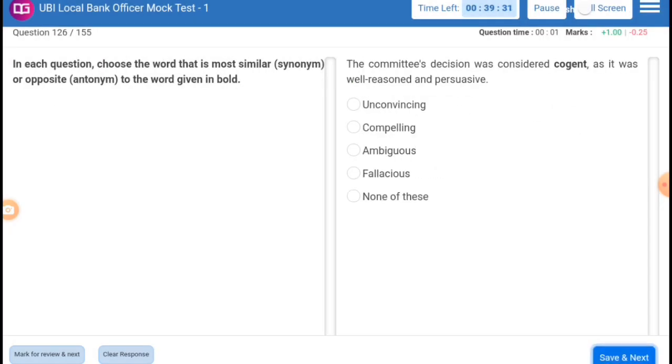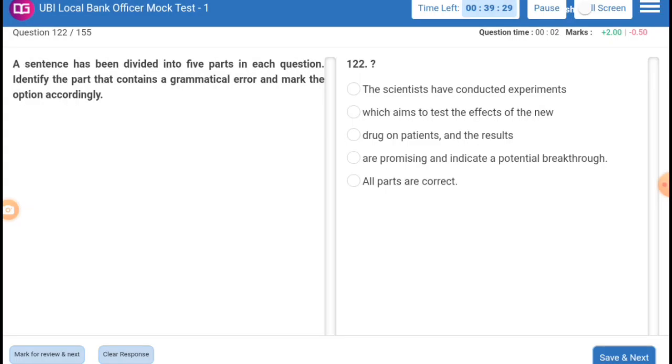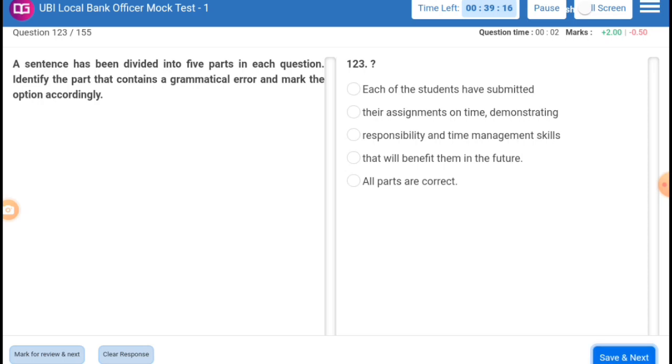Despite of is wrong. The scientists have conducted experiments which aims to test the effects of new drug on patients. Results are potential breakthrough. Each of the students have submitted their assignments on time, demonstrating responsibility and time management skills that will benefit them in the future.